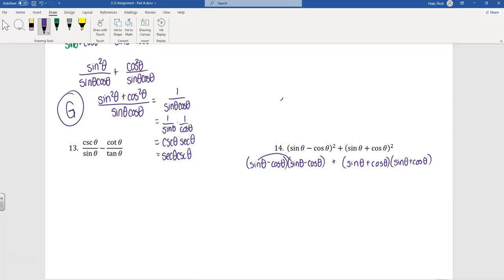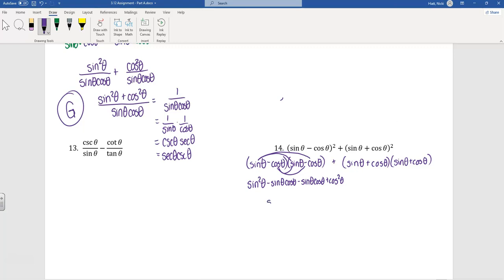So I'm going to distribute here. Sine times sine is sine squared theta. I'm going to get minus sine theta cosine theta. I'll get another minus sine theta cosine theta. And then I'll get plus cosine squared theta. That's all just for that first part, right?